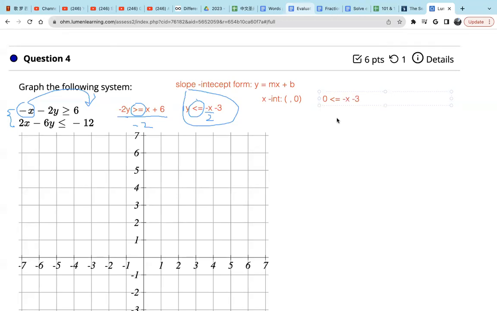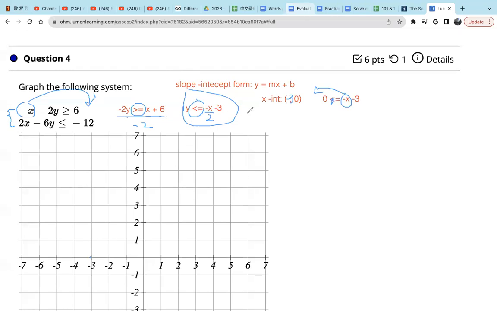Right. Then, because we want to draw the line, we don't really consider the less than. So we can move negative x to the other side. So x equals -3. So that means x is -3. So we get 1 point. So x is -3, y is 0, an x-intercept.